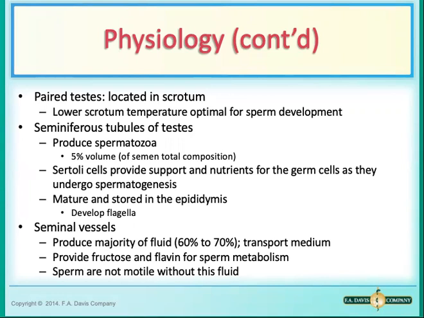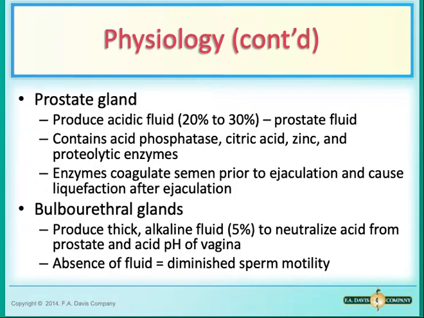The fluid contains high concentrations of fructose and flavin, and spermatozoa metabolize the fructose for the energy needed for the flagella to propel them through the female reproductive tract. If there is no fructose, the sperm do not display motility in the semen analysis. So fructose is absolutely necessary for the sperm to be able to be motile.